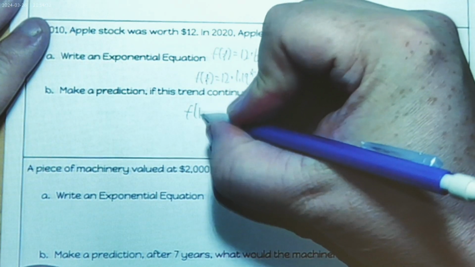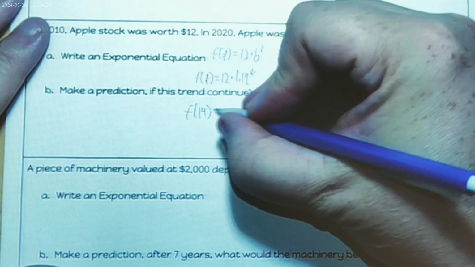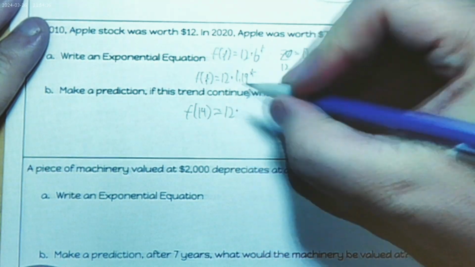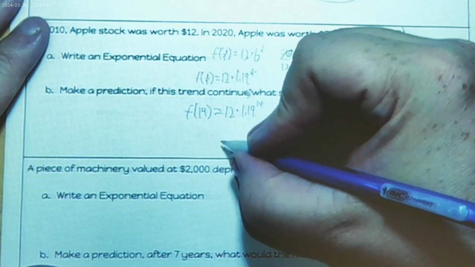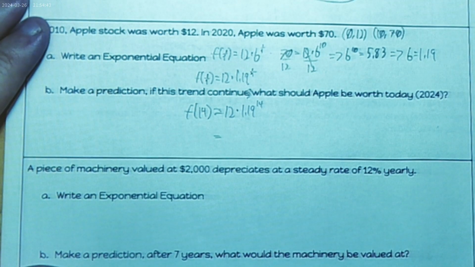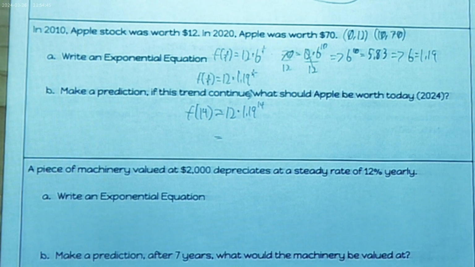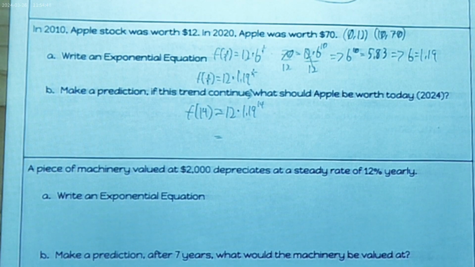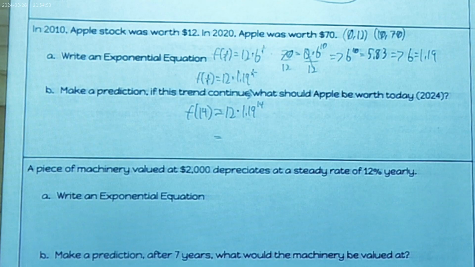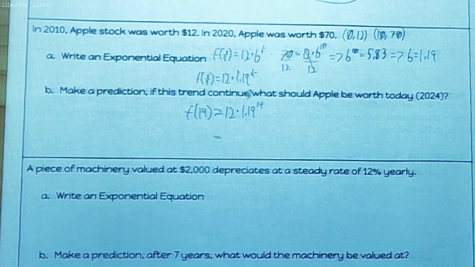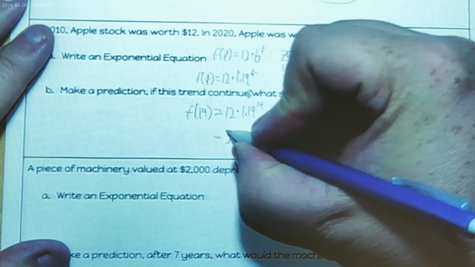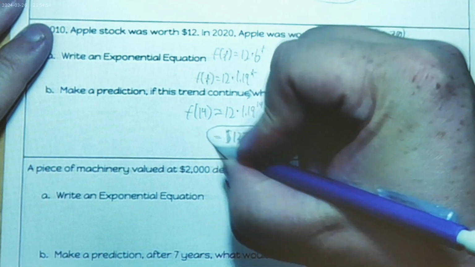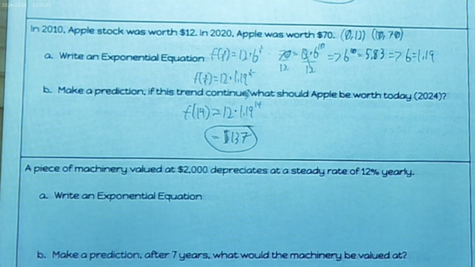So f of 14 equals 12 times 1.19 to the 14th power. And that's going to be 137. And there we go. That's the final correct answer for it.